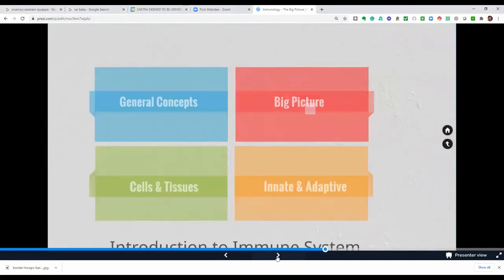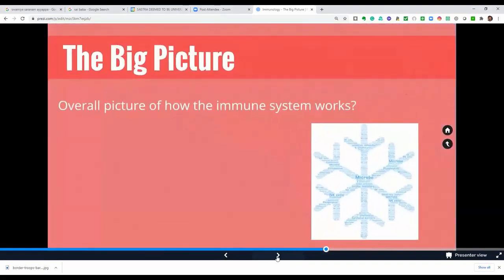So, coming to the big picture of the immune system. As I said, there are so many things here, so I kept one image. All those are different terms, maybe a cell name, tissue name, mechanism name, or some event taking place. It is a very vast thing, right?